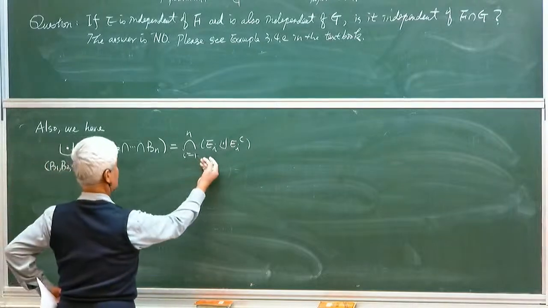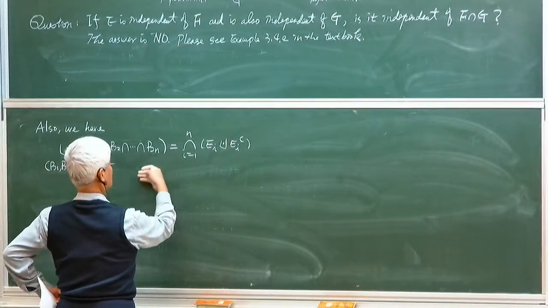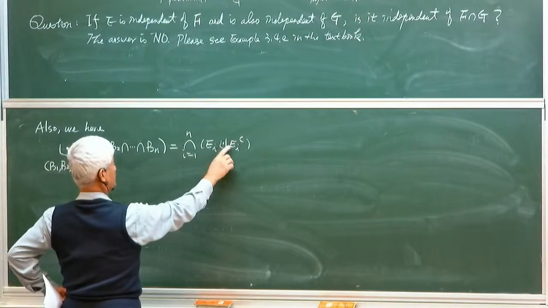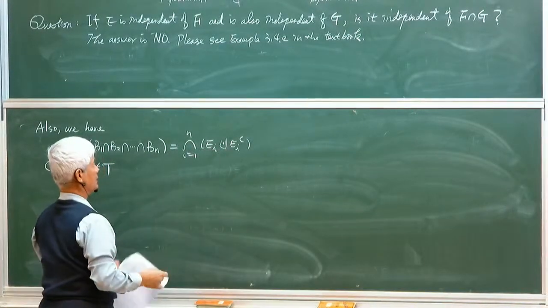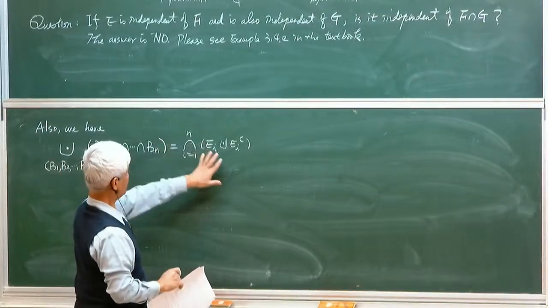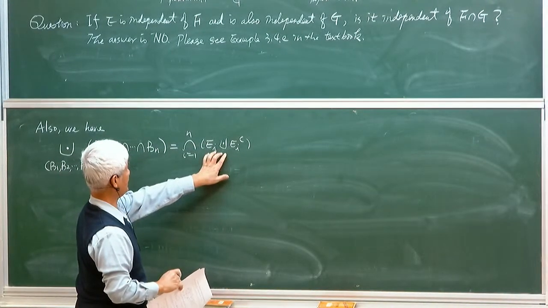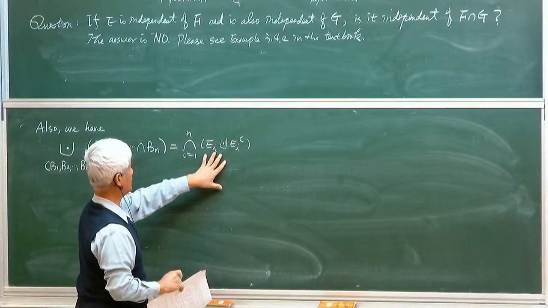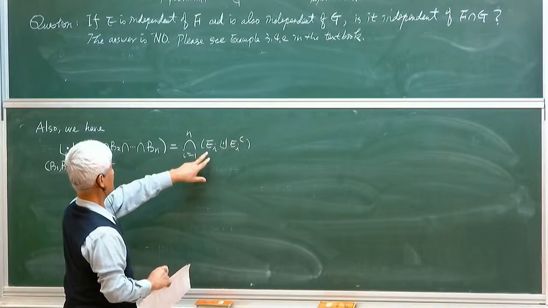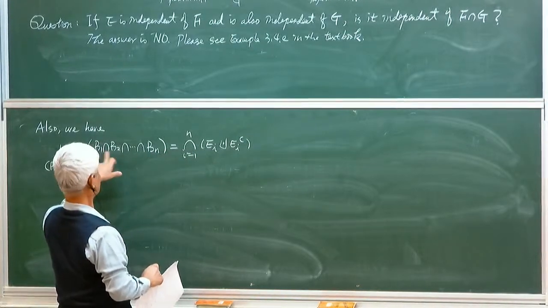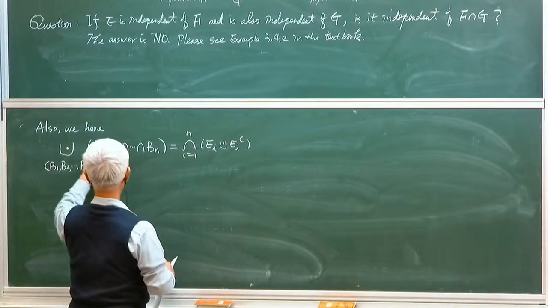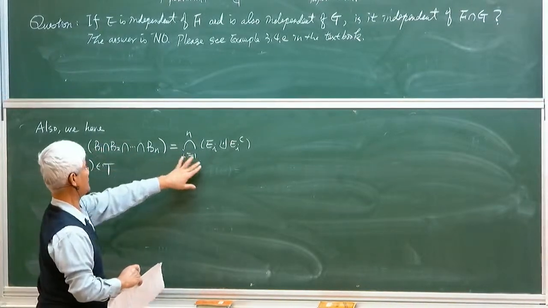It's easy to see from here to there because the intersection distributes over the union. And so by distributivity, this becomes the union of the Bi's, and the Bi can be Ei or Ei complement. So this is the same.